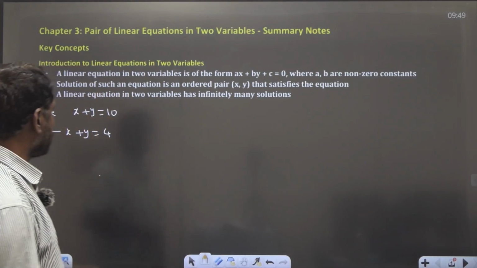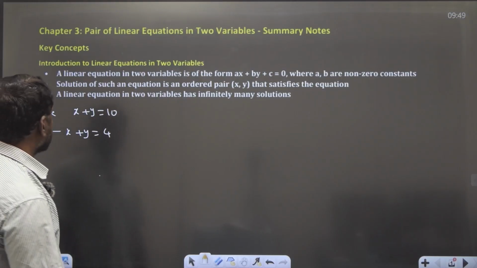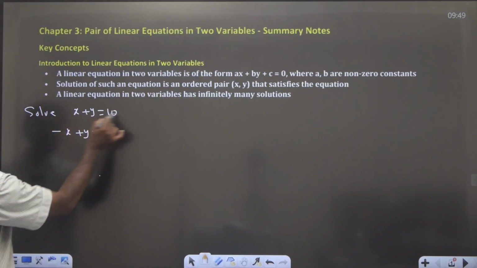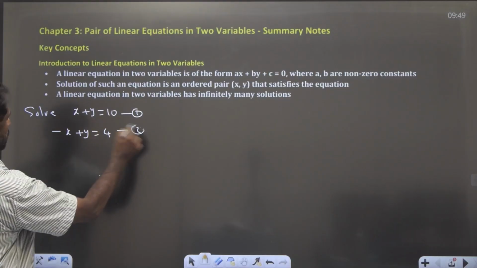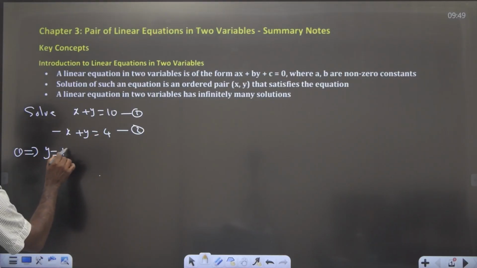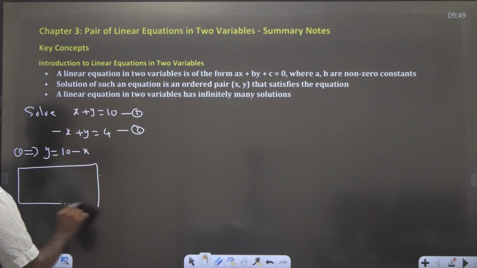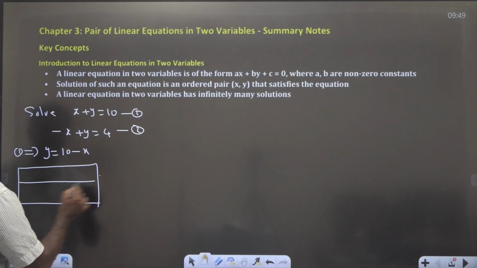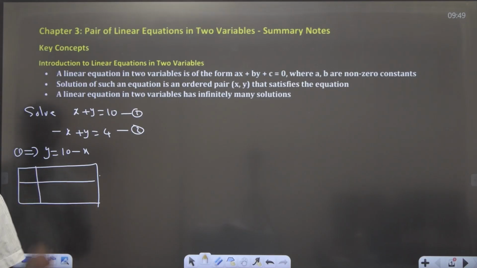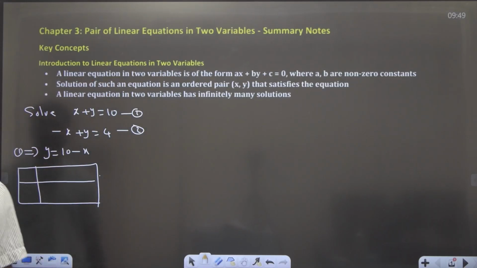How can we solve these equations using graphs? Take the first equation. First equation becomes y is equal to 10 minus x. Draw a graph. Already you studied in your lower classes how to draw a graph of a linear equation in two variables.